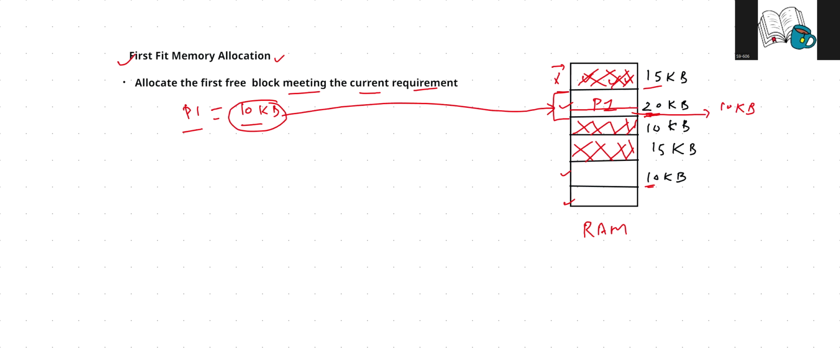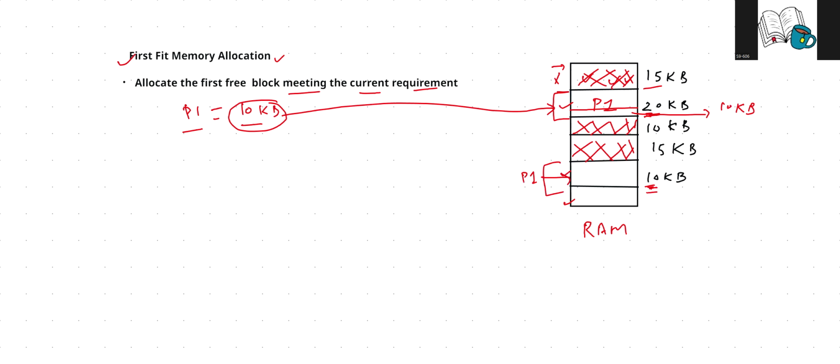If you have a glance at the memory which is currently free, you can see we did have a block equivalent to 10 KB in size. If we were not using first fit memory allocation, there was a possibility that the operating system would have allocated process P1 using this other block.